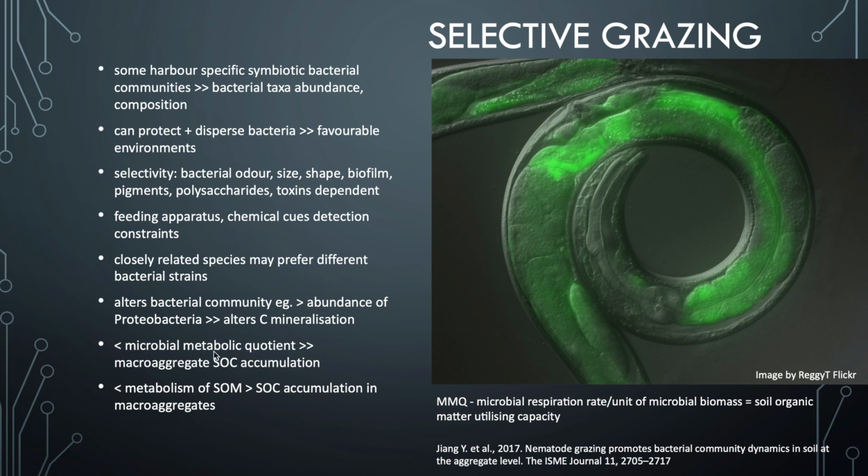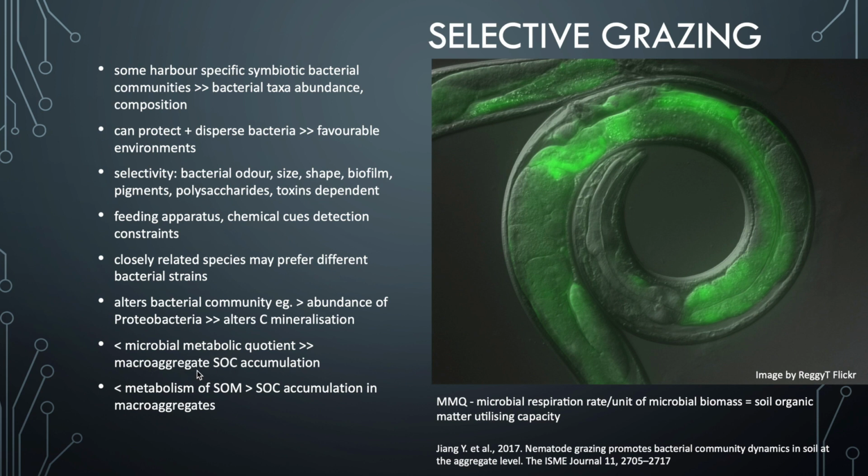Selective grazing also decreases the microbial metabolic quotient, which is the microbial respiration rate per unit of microbial biomass, and this determines the soil organic matter utilization capacity of bacteria. So it determines the ability of bacteria to utilize soil organic matter. This reduced microbial metabolic quotient leads to soil organic carbon accumulation within macroaggregates.